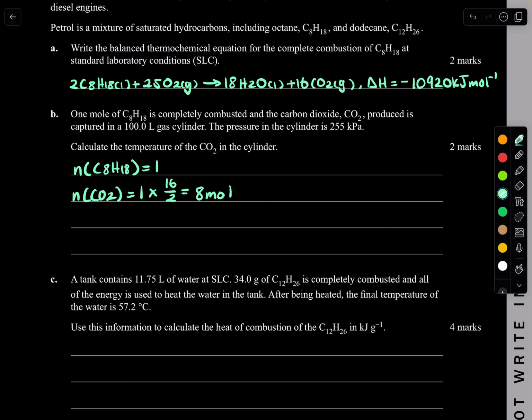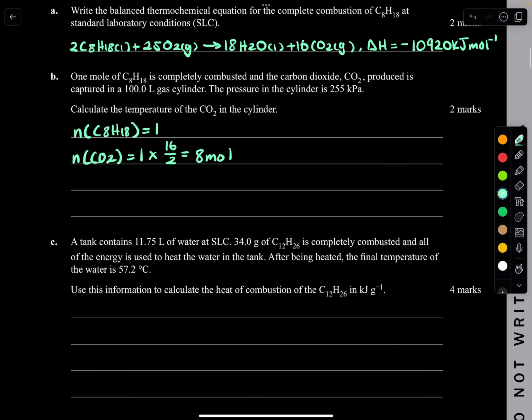So for every mole of octane that is combusted, we produce 8 moles of CO2. Now we can use the universal gas formula, PV = nRT, to calculate the temperature, where T is PV over nR. P is the pressure, which is 255.